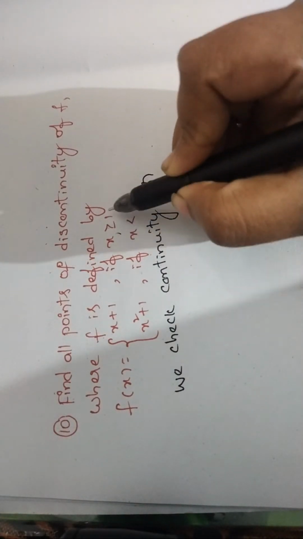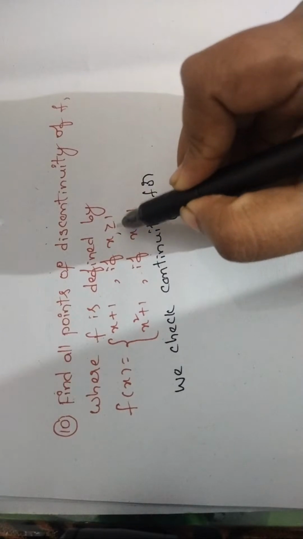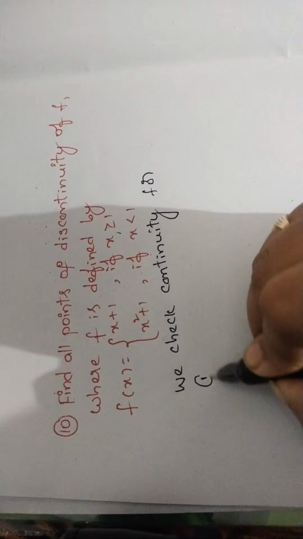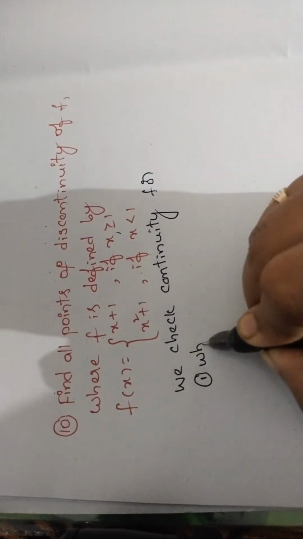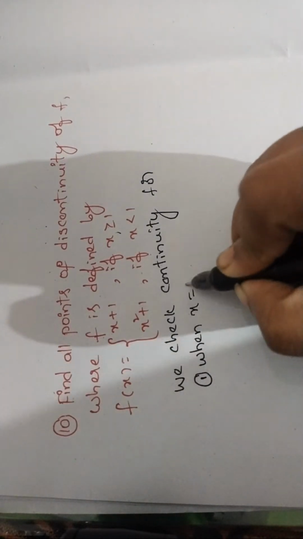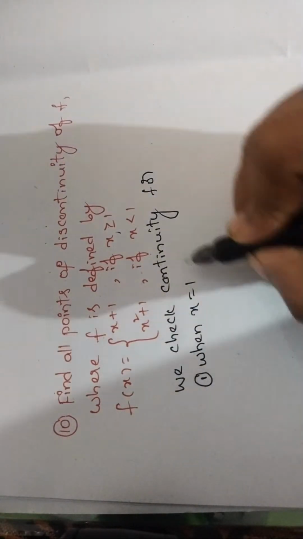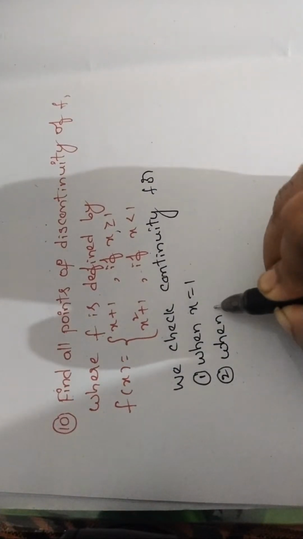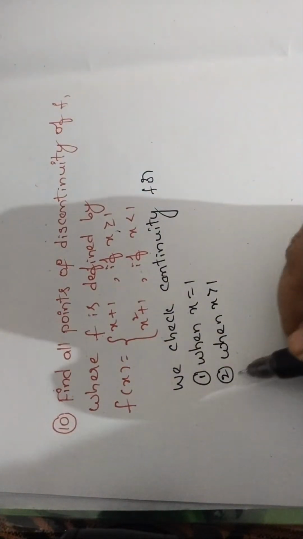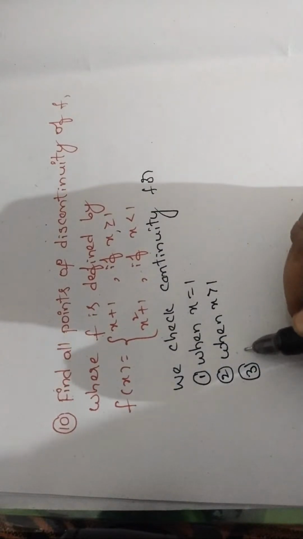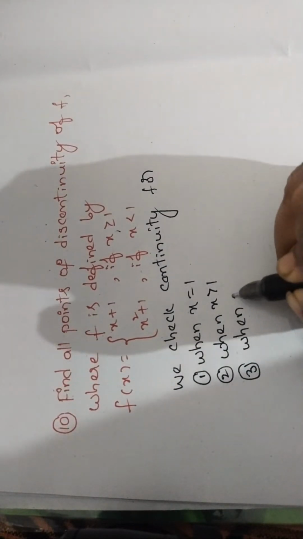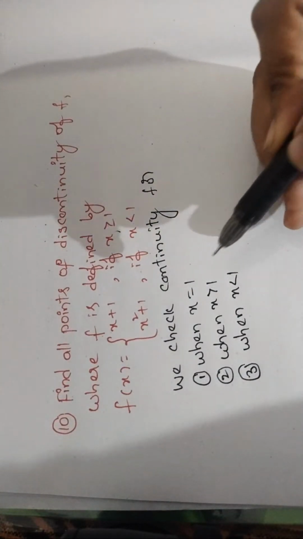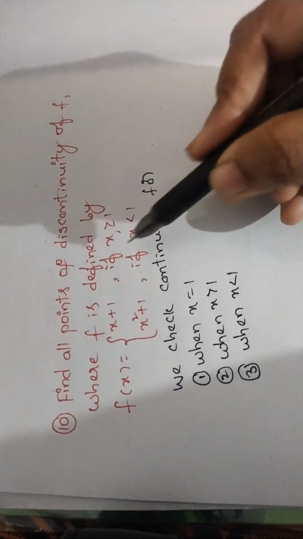One is x greater than 1, and one more case is x equals 1. I will write these cases separately. First, when x is equal to 1; second, when x is greater than 1; and third, when x is less than 1. For these three cases, we will check continuity for this function.